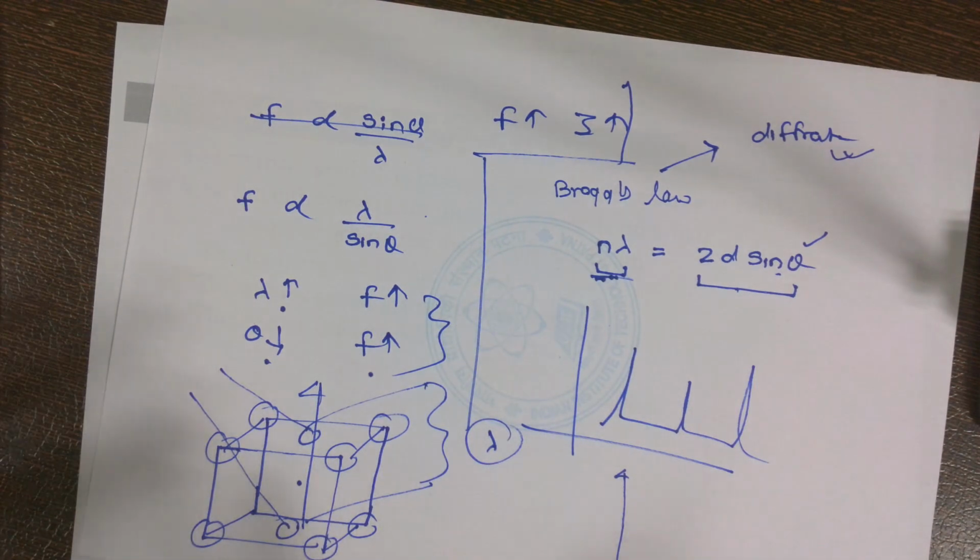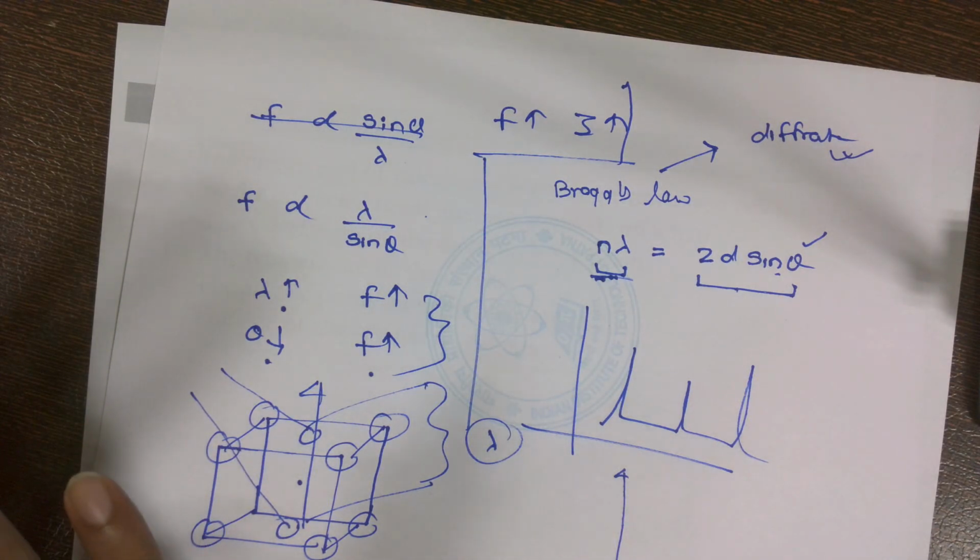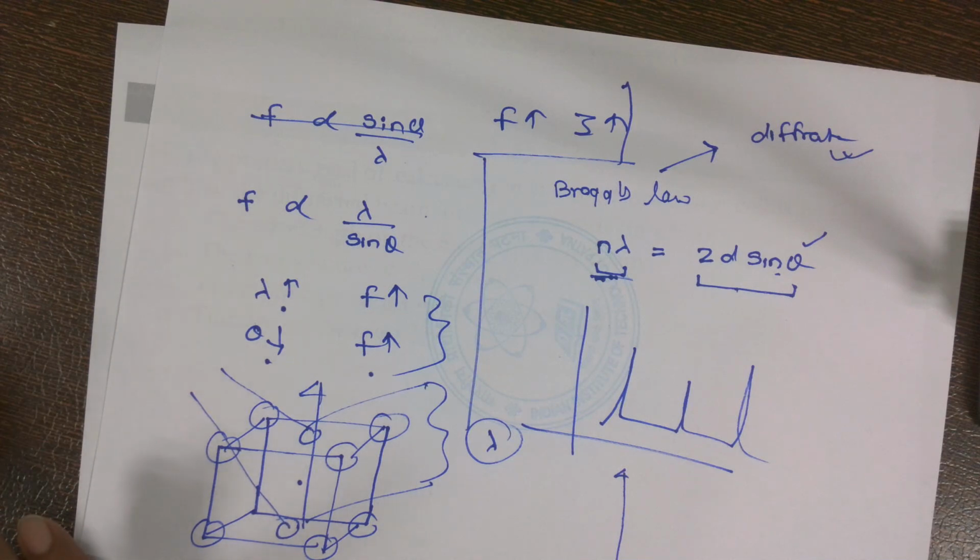Okay, so the entire thing here is that, first of all, to get the intensity, there are two things. One is Bragg's law and one is the structure factor. The structure factor is something which we are going to discuss.